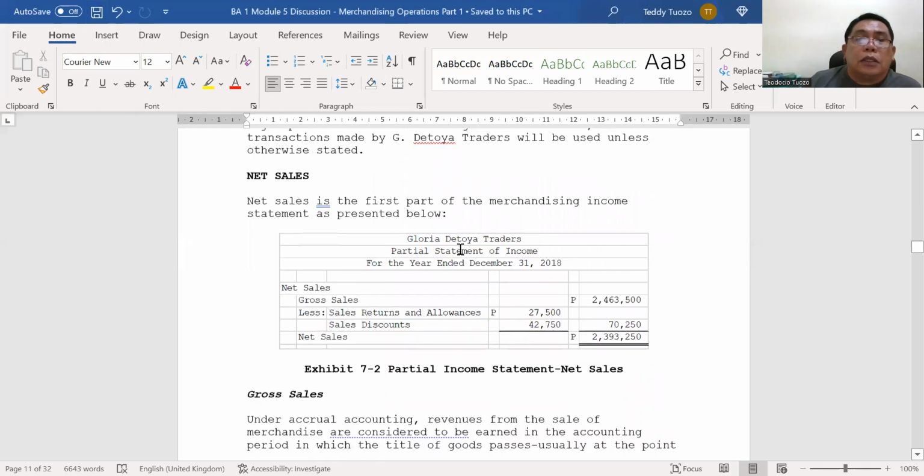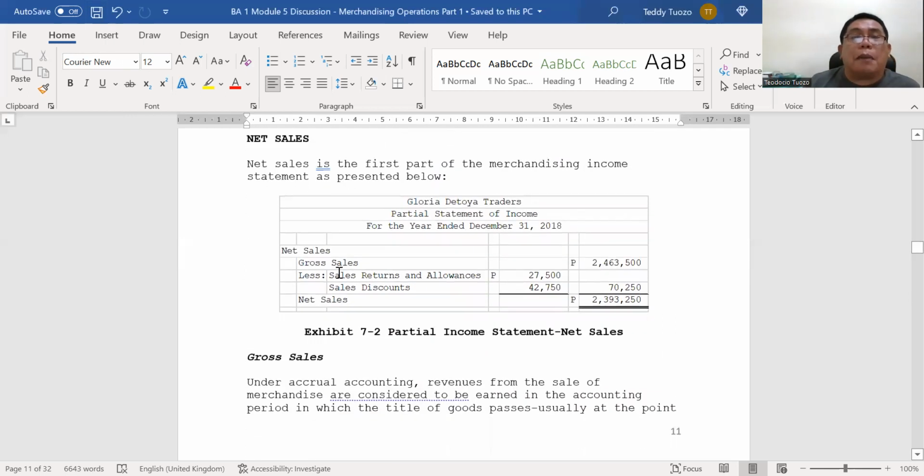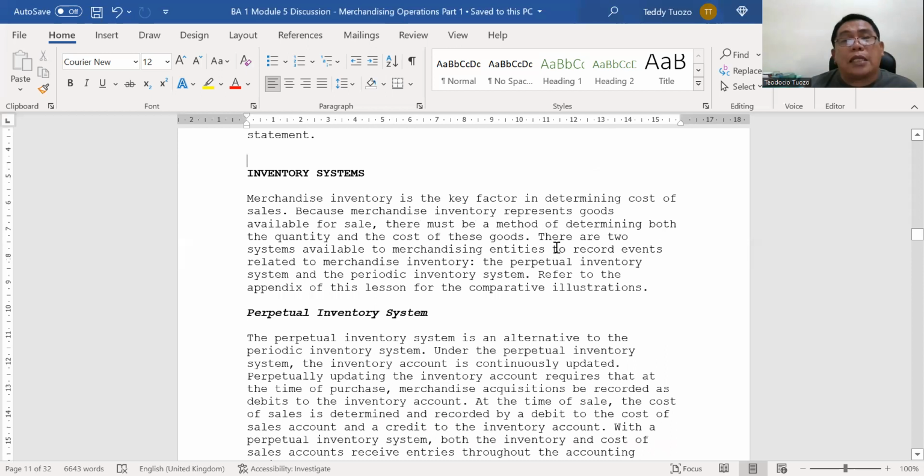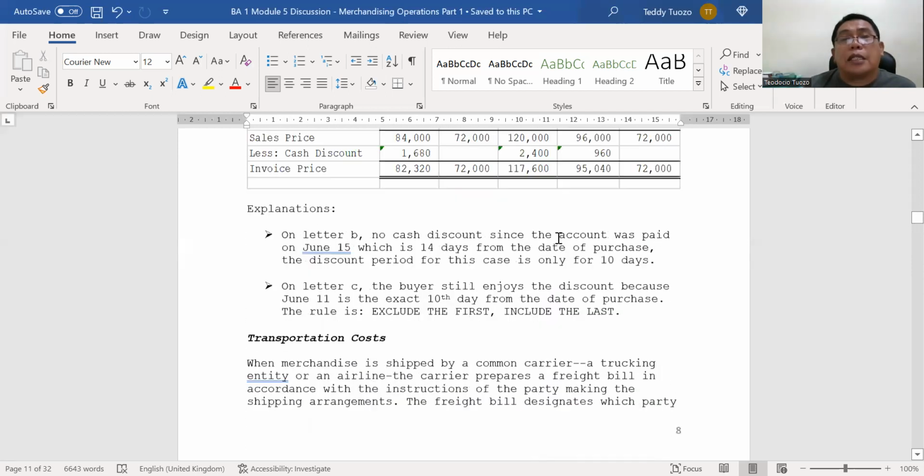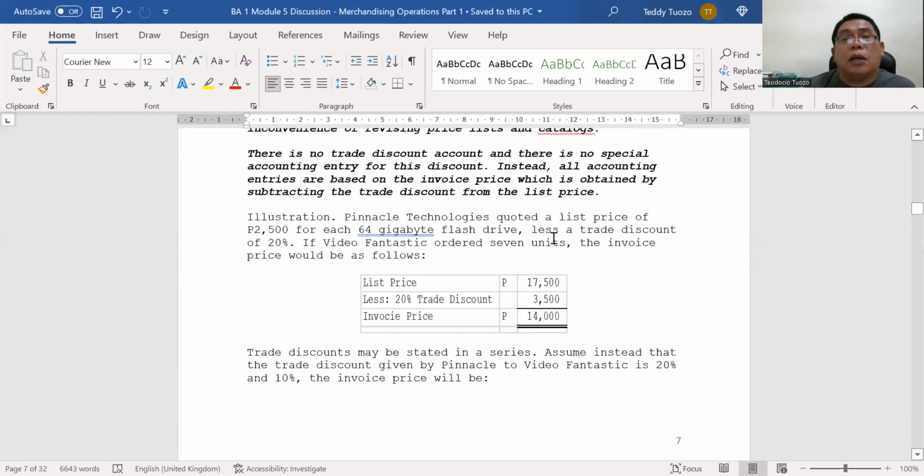Okay. So net sales. How we arrive at net sales? We have the terms gross sales, less sales returns and allowances and sales discount is equals to net sales. Earlier in this class, net sales is not automatically net sales, no?